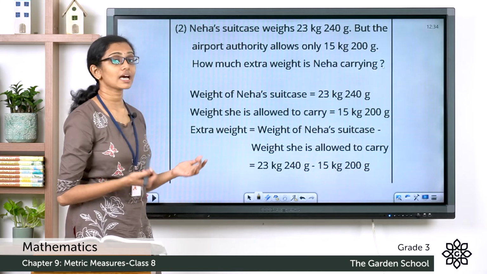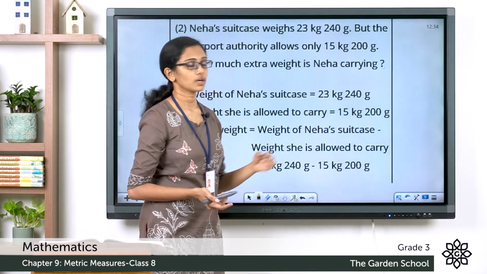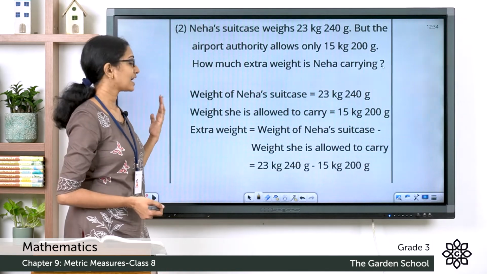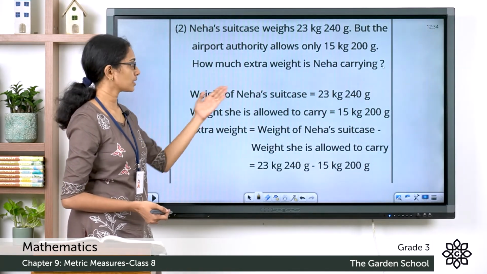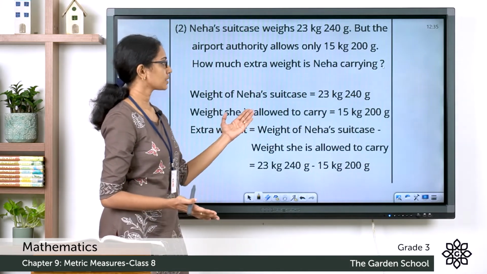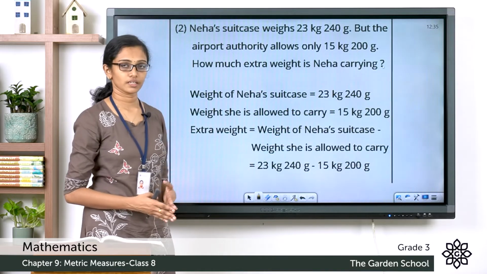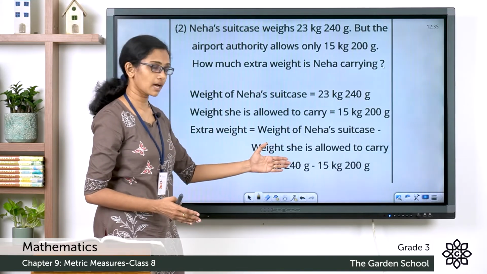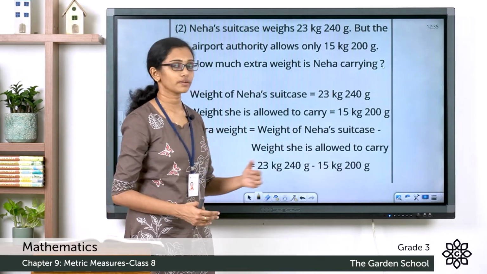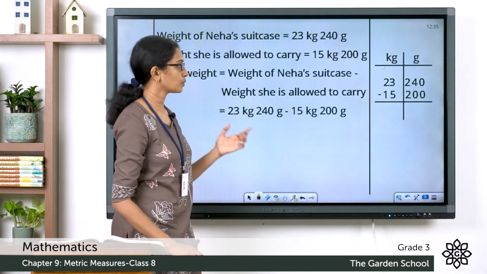The weight she is allowed to carry is only 15 kilogram, 200 gram. The extra weight will be equal to the weight of Neha's suitcase, the actual weight she is carrying, minus the weight she is allowed to carry, which is 23 kilogram, 240 gram minus 15 kilogram, 200 gram. Now let's do the subtraction in the working column.